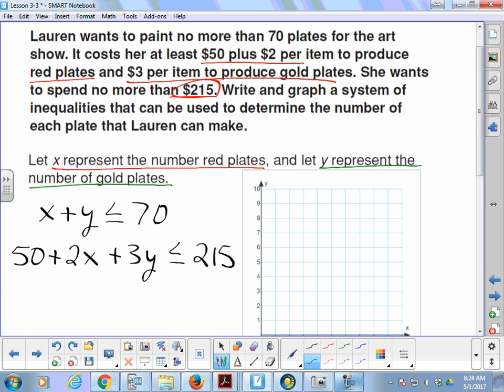All right, and then we involve money or weight or something else like that, or a percentage like we did the other day. We talked about the percent of protein there was, those type of things. Right? So now we're going to graph this system, so that we can see what are the possible answers for solving this.